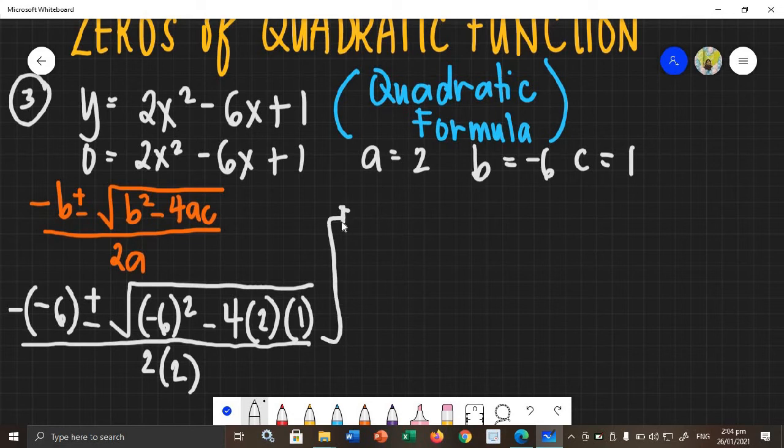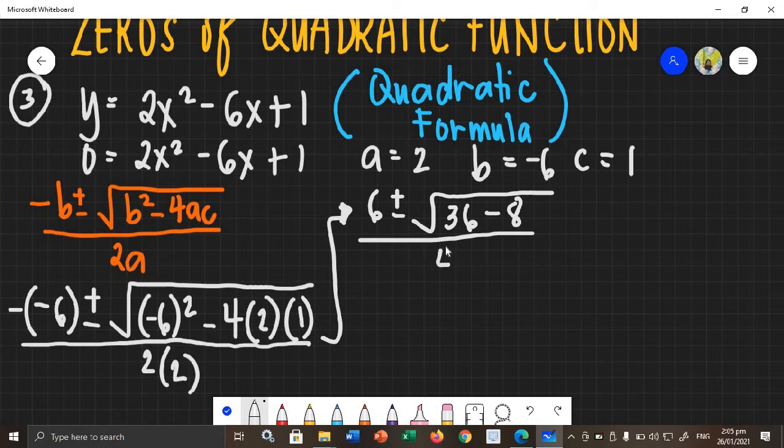So, pagpatuloy natin dito sa taas, simplify natin sila para lumiit, no? So, negative times negative 6, magiging na siyang positive. Okay, positive 6. And then, positive negative square root of negative 6 squared, that is equal to 36. Negative 4 times 2, negative 8 times 1, negative 8 or minus 8.